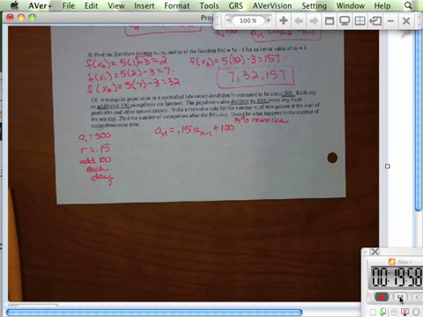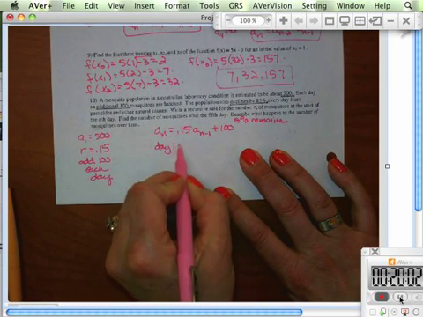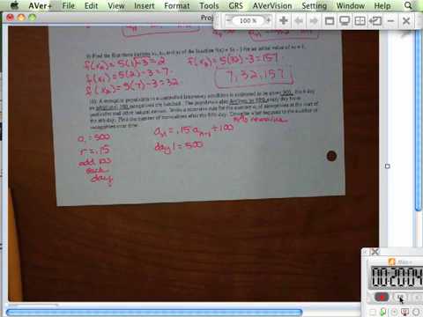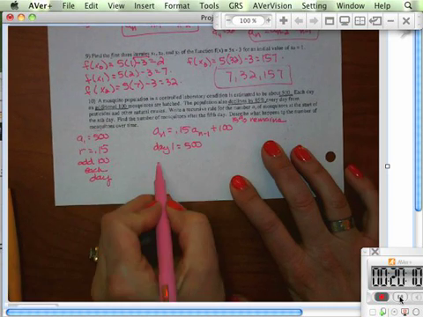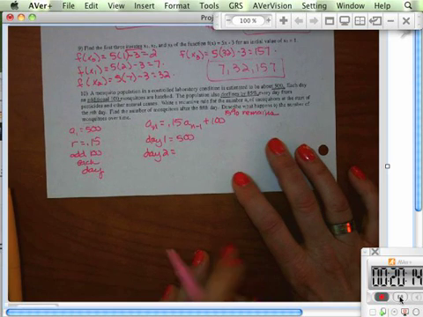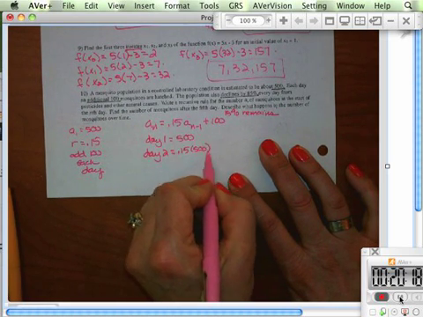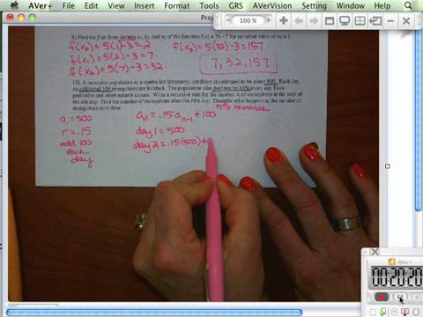Now, my starting value, my a sub 1, day 1, was 500. That's where we started when we started this experiment. So let's find the value of day 2. That would equal 0.15 times 500, plus 100, which equals 175.